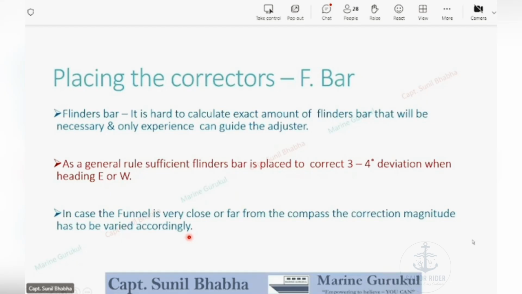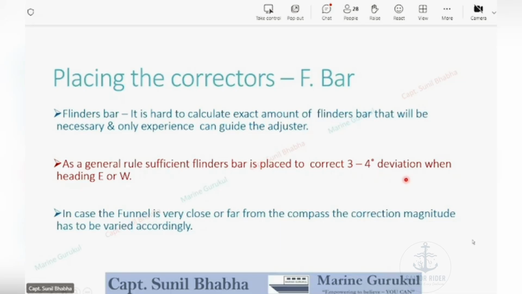If he finds it a normal, regular distance, he will do the correction of up to 3 to 4 degrees of deviation. However, in case he observes that the funnel is too far away from the compass or very close to the compass, he will vary the amount of correction by the flinder bar.